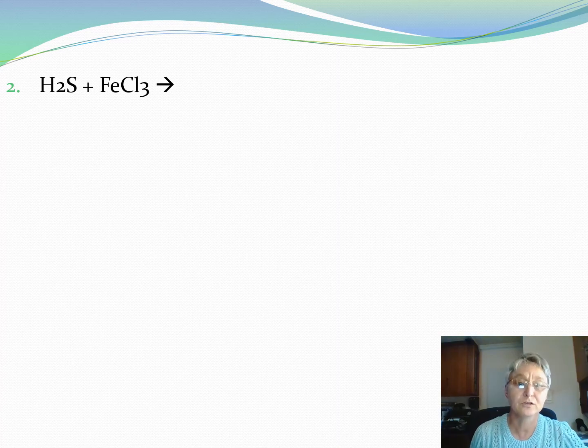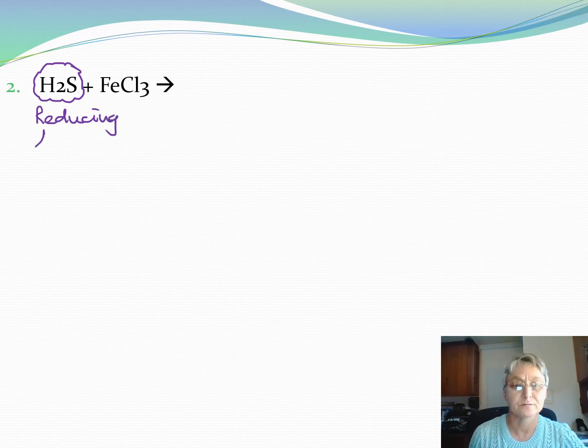Now, in using the table of reduction potentials, we can find H2S on the table. It is on the reducing agent side of the table, so H2S is our reducing agent. Then we look at FeCl3, and there are 2 separate things in there.